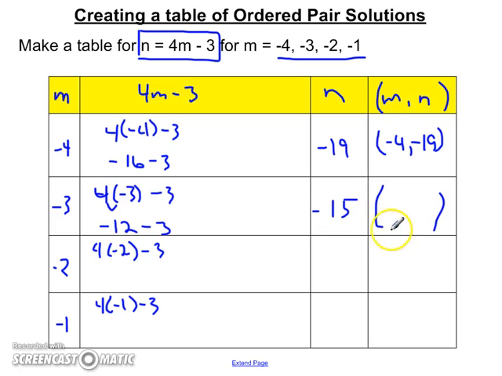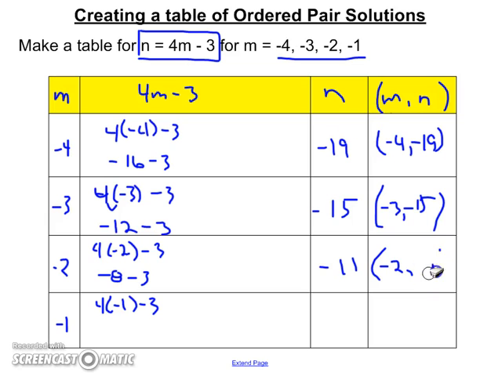And so that gives me an ordered pair of (-3, -15). Very poorly written 15. 4 times -2 is -8. So -8 minus 3 is -11. So (-2, -11).